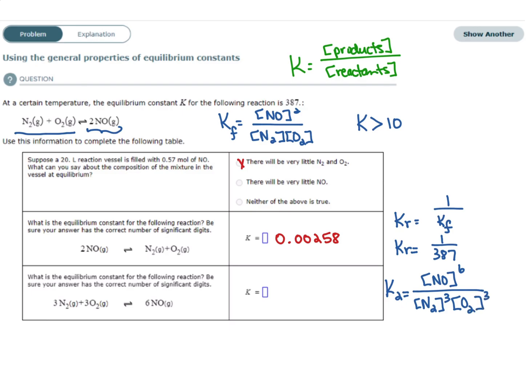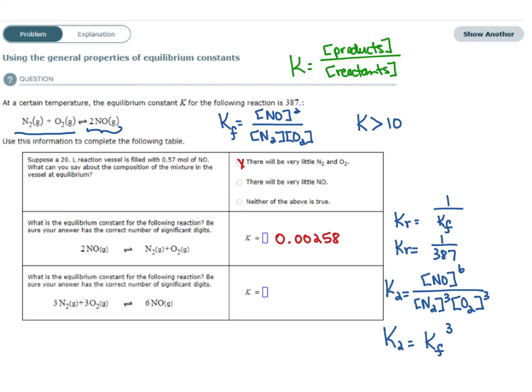So I do have my Kf. I know that Kf is 387, and they want us to solve for K2. I take a look at mathematically what's different. I have the same products, I have the same reactants, except that the powers are a multiple of 3. So K2 is really Kf to the power of 3.